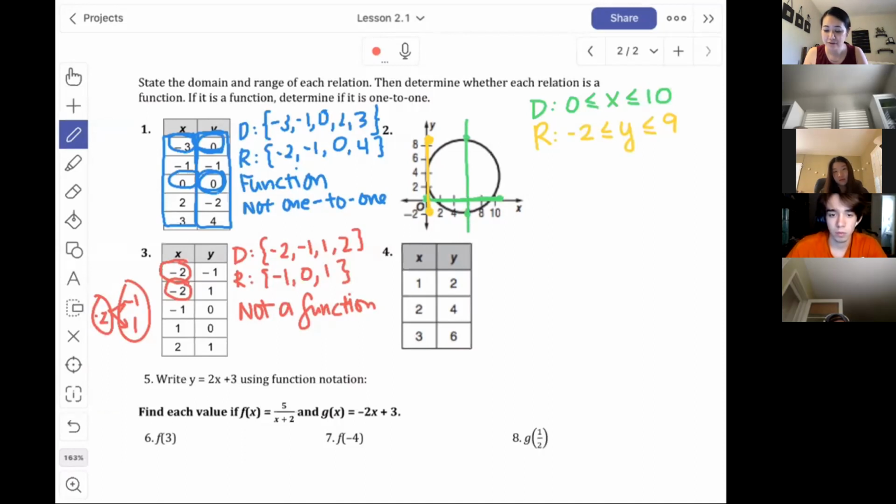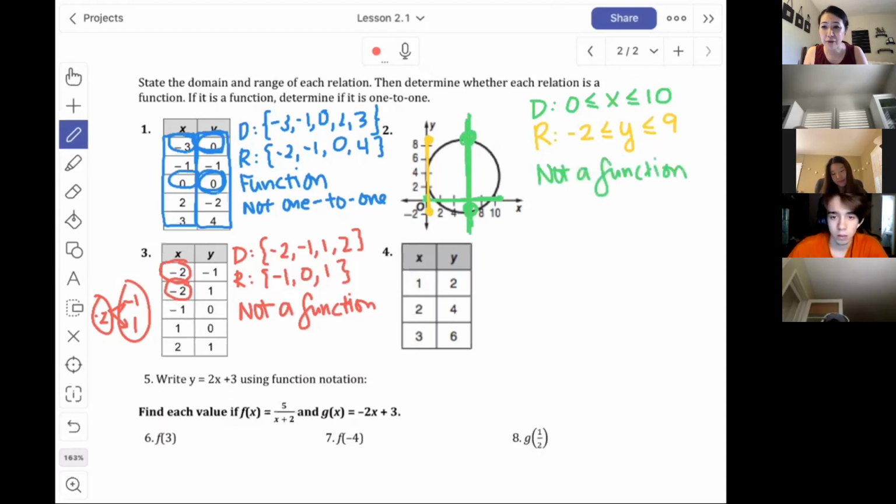This slice that I made through the graph, does it only hit the graph once? No, it's hitting it twice. One here and one here. So does it pass the vertical line test? No. It does not. So what does that tell us, Joanne? It's not a function. Good, yeah, so this is not a function.